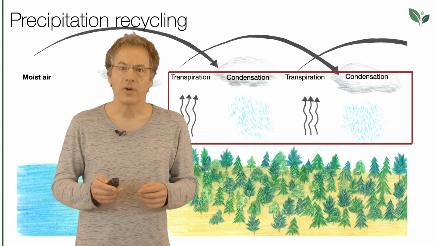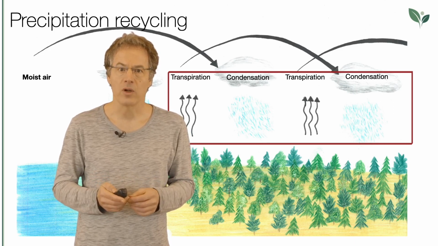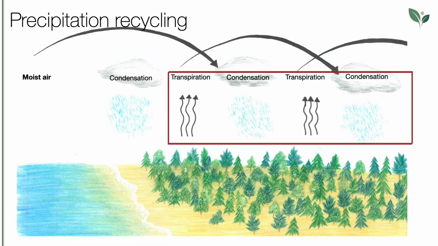Let's take a look at what happens when we disrupt this recycling process through activities that we know from all over the world, through, for example, deforestation and the resulting bare soils with significantly reduced evapotranspiration potential.